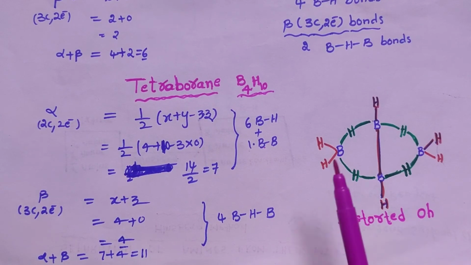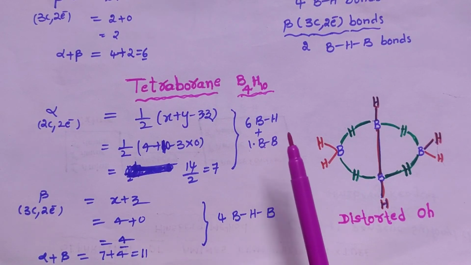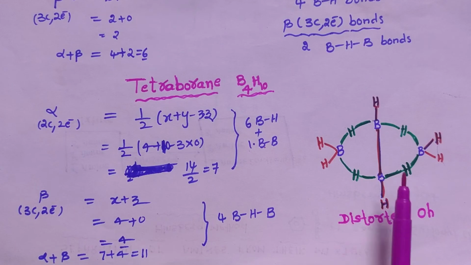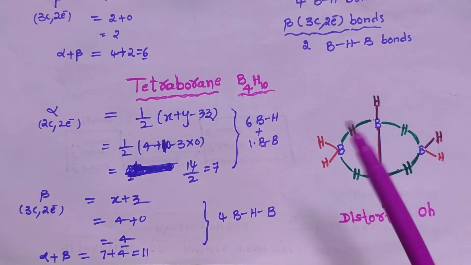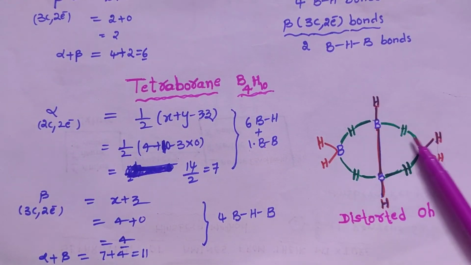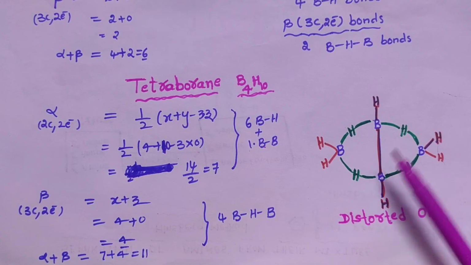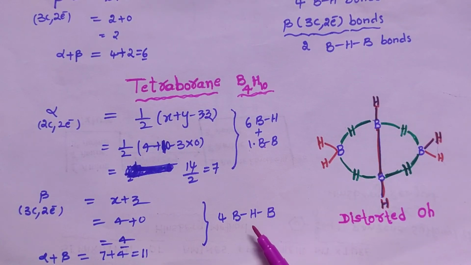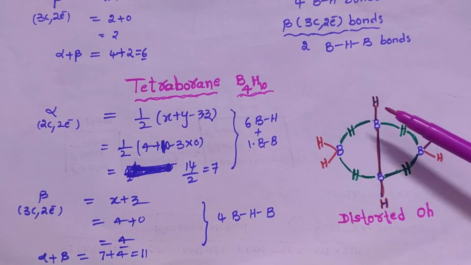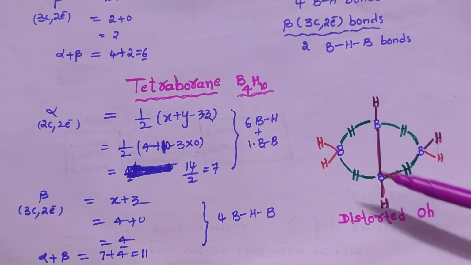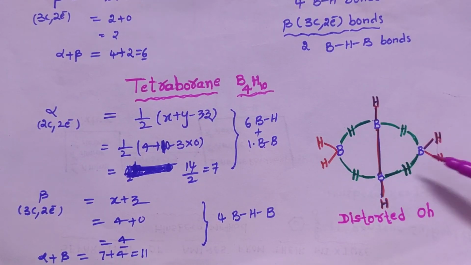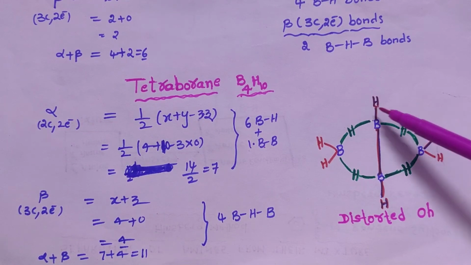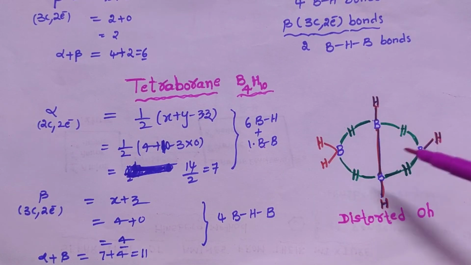Here we can check the number of bonds by looking at its structure. Look here. So BHB bond, BHB bond, BHB bond, and BHB bond. So here we are having the 4 BHB bonds, and BH, BH, BH, BH, BH, BH like that. We are having 6 BH bonds and 1 BB bond.